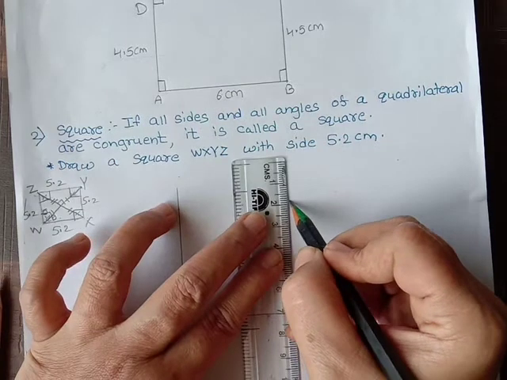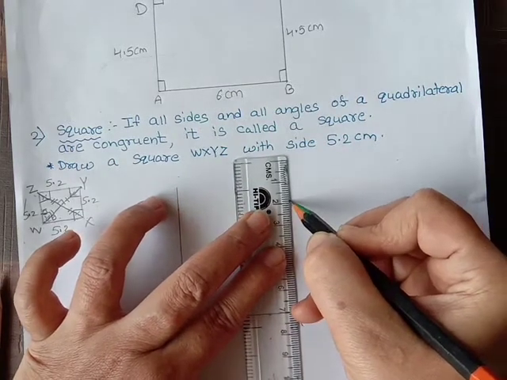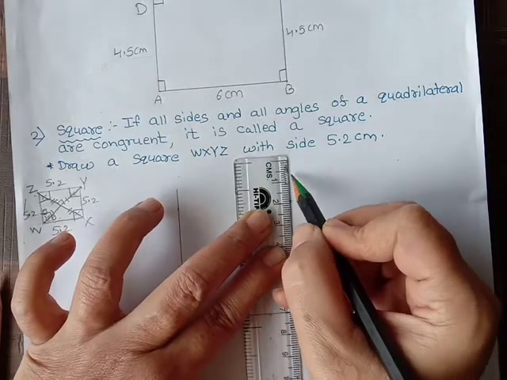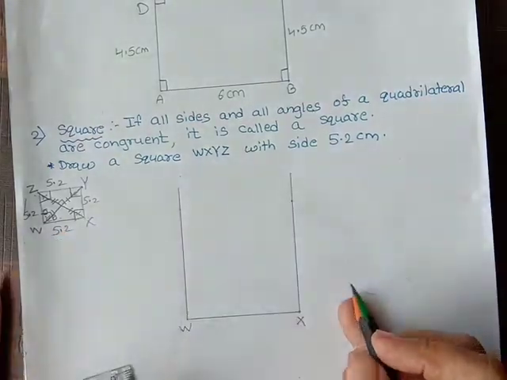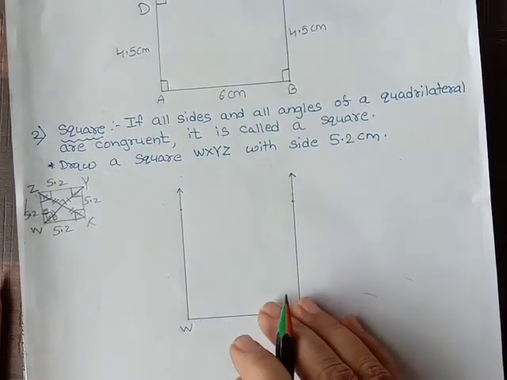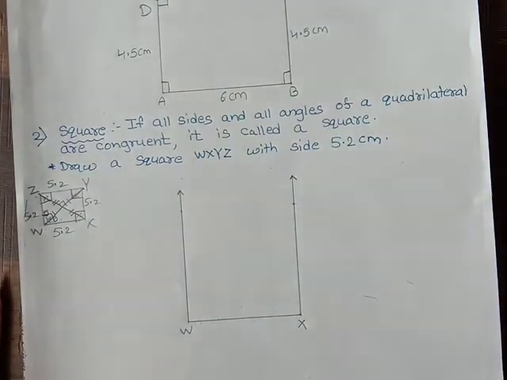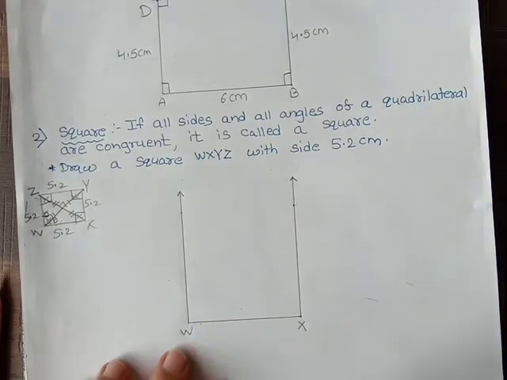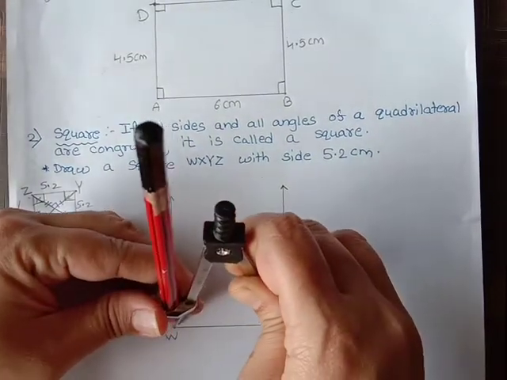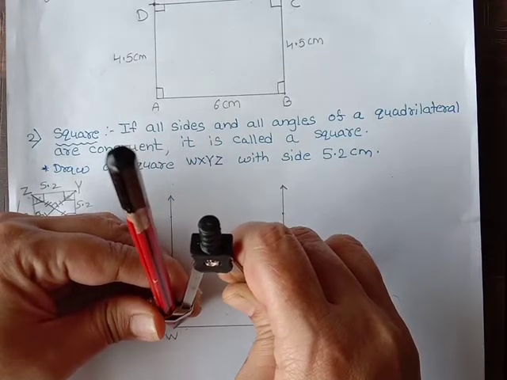Let me join this also. Now, all the sides are equal, so I need not take the scale again. This itself is 5.2, no? All sides will be 5.2. Okay? Fine?